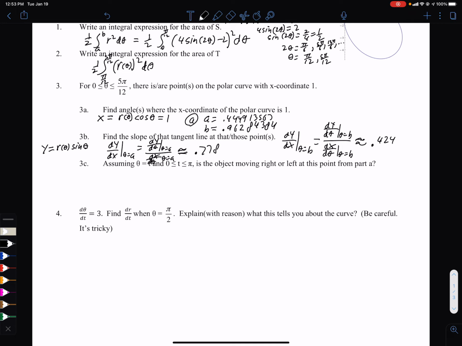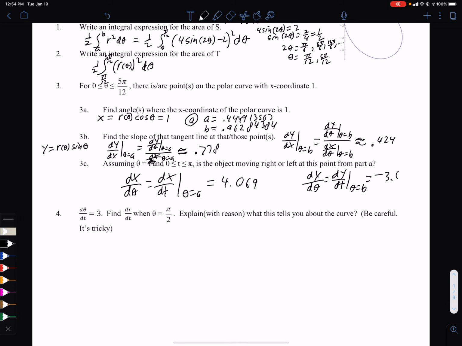So I need to find dx/d theta, which is dx/dt, because theta and t are the same thing, at theta equals a, and that comes out to be 4.069, and I do the same thing with the y. And that comes out to be negative 3.025.